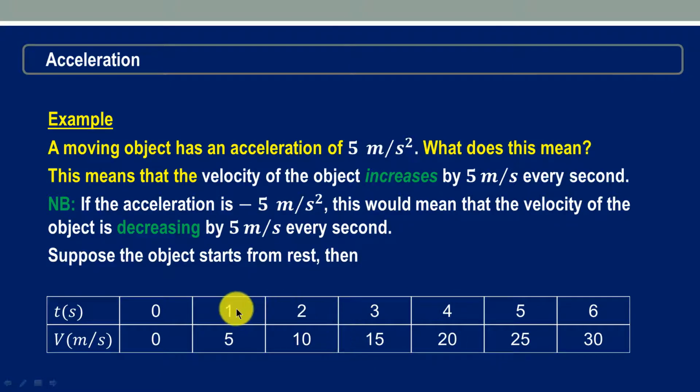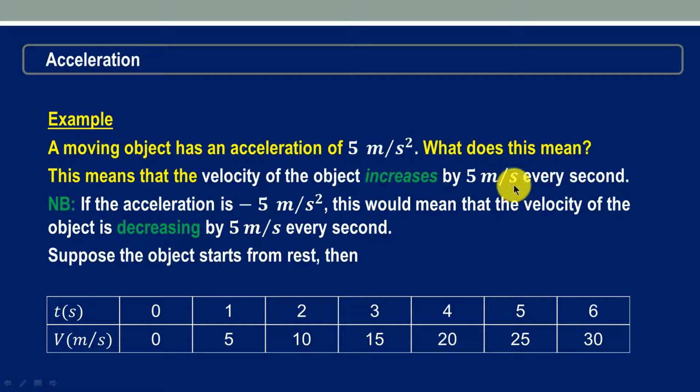You can see that we are going in steps of 1 second, 1 second, 1 second. And so the velocity is increasing by 5, 5, 5, 5, 5, and 5. So really this one is very simple: when the object has an acceleration of 5 meters per second squared, it means that the velocity is increasing at a certain rate.